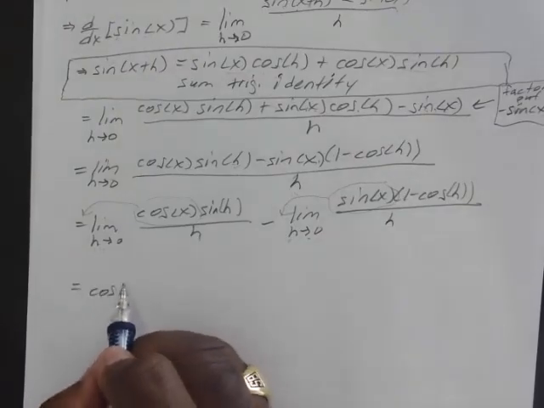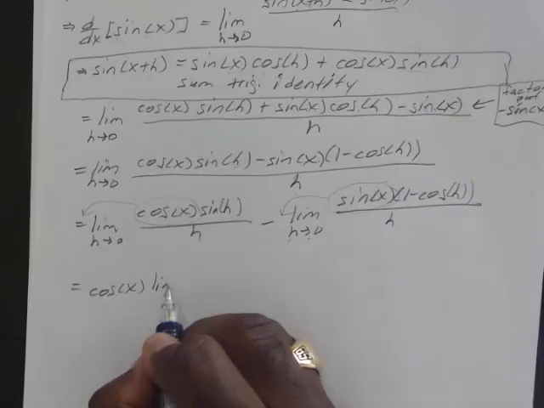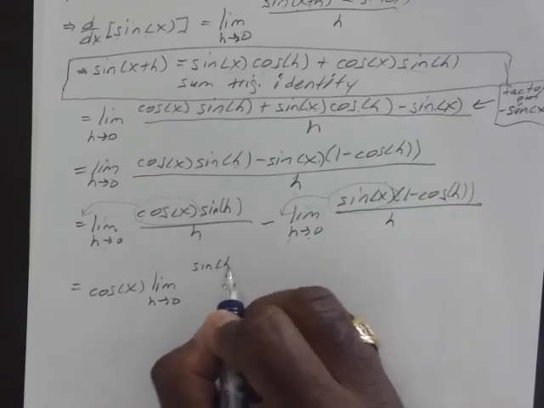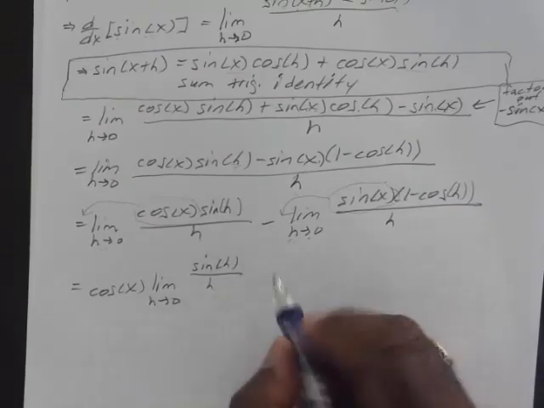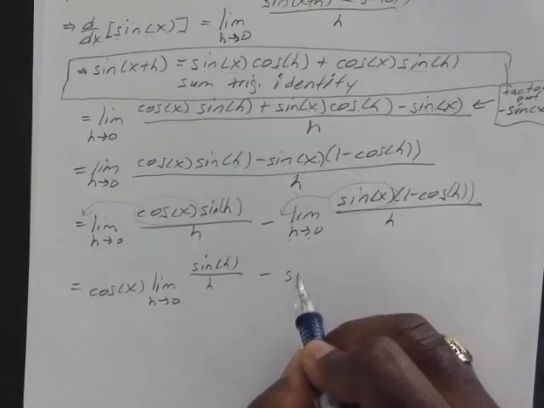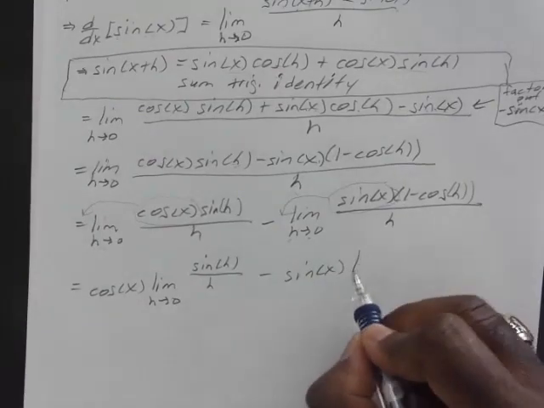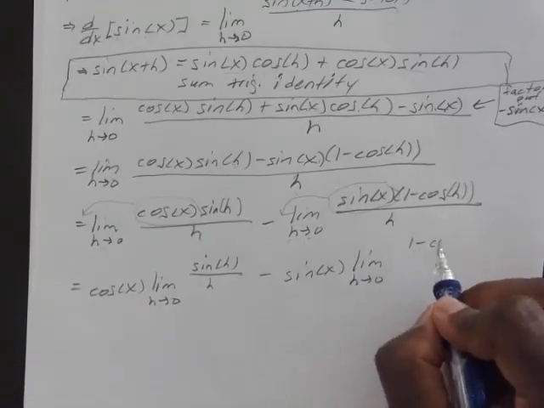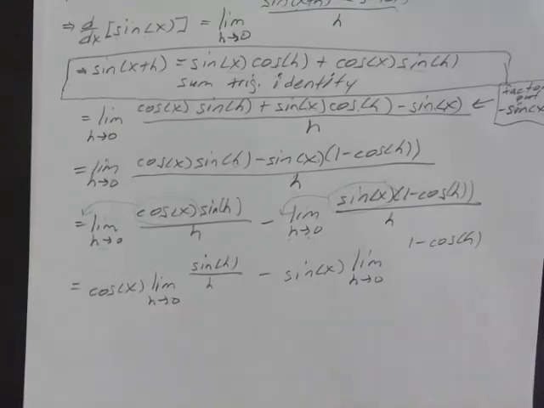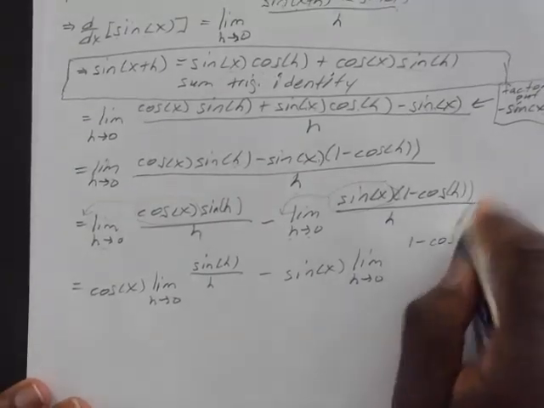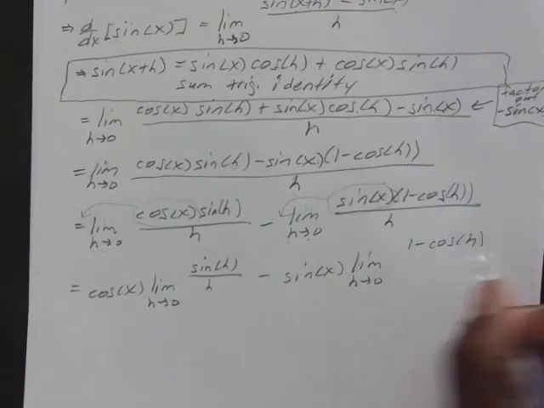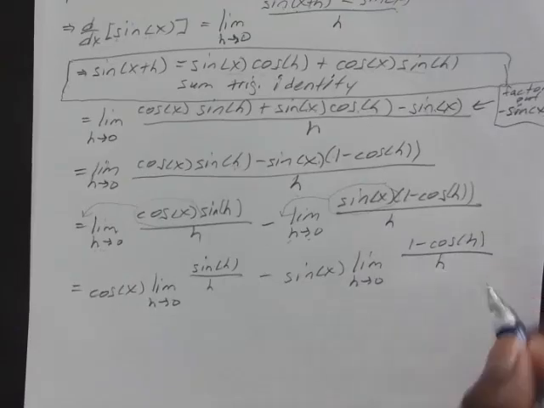Okay, so that gives us cosine of x times the limit as h approaches 0 of sine of h over h, minus sine of x times the limit as h approaches 0 of 1 minus cosine of h divided by h.